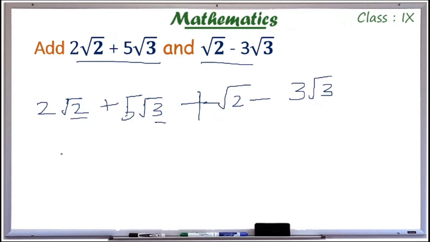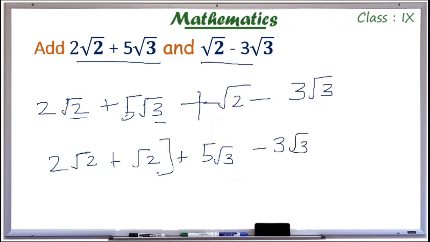So rearrange the terms such that root 2 will be closer and 5 root 3 minus 3 root 3. So root 2 and root 2 are friends. Also in the case root 3 and root 3 are friends.